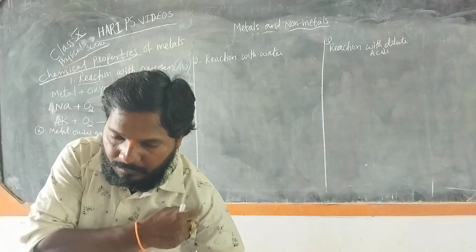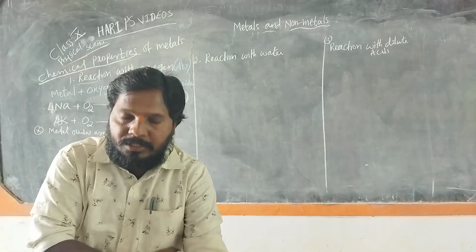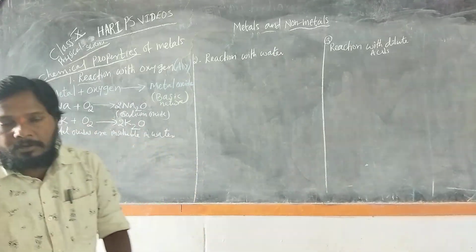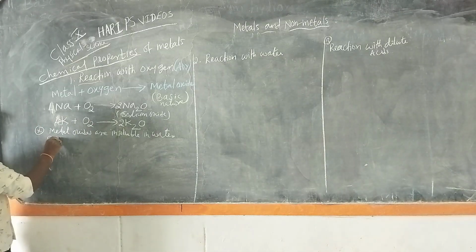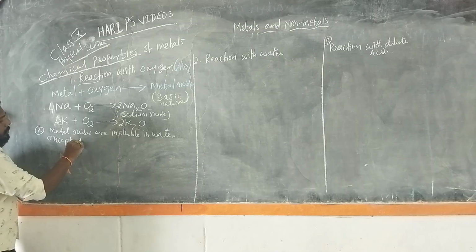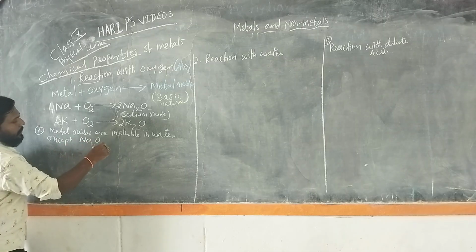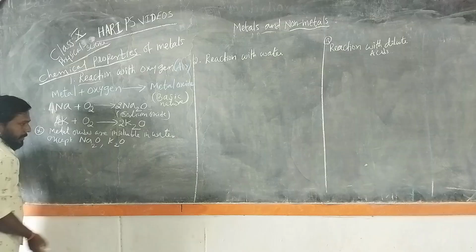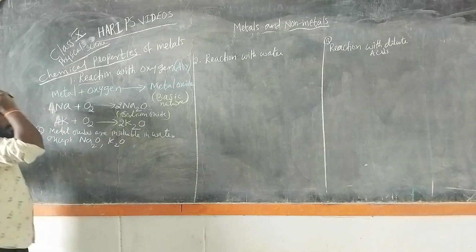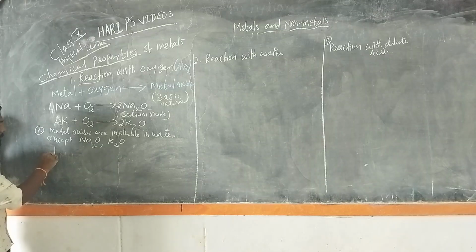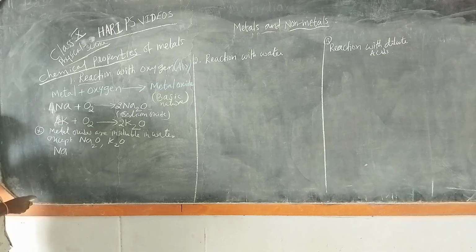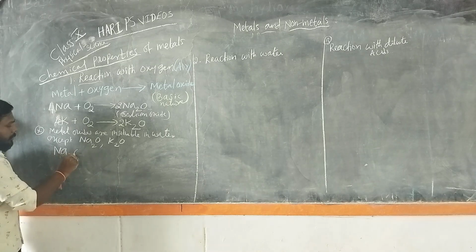But sodium oxide and potassium oxide dissolve in water to form their respective bases. Except sodium oxide and potassium oxide, the remaining metal oxides are insoluble in water. These dissolve in water and form alkalis, which are basic solutions.